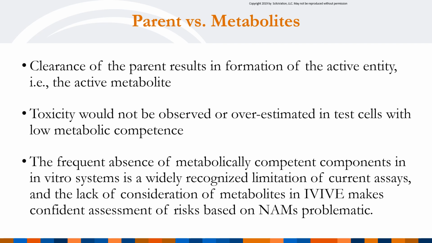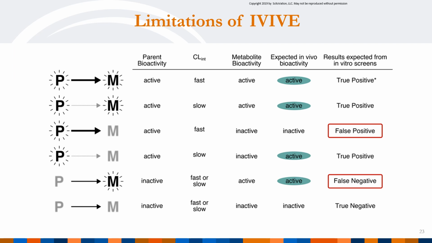And also the lack of consideration of metabolites in IVIVE obviously makes the confidence assessment of risk based on NAMs problematic. In practice, it's really not simple to base decisions on active forms of compounds, because both the platforms for assessing in vitro bioactivity and for measuring in vitro metabolism may lack the full complement of enzymatic pathways required to activate a test compound and would likely misrepresent the in vivo phenotype.